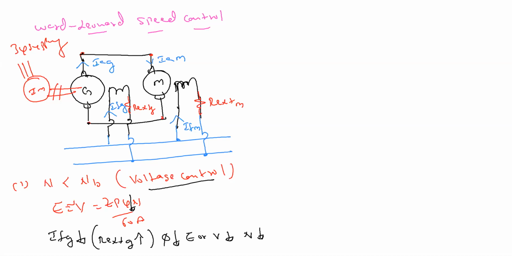Mention that point. Speed of the motor can be reduced by decreasing the supply voltage, by decreasing the generated voltage of the generator.